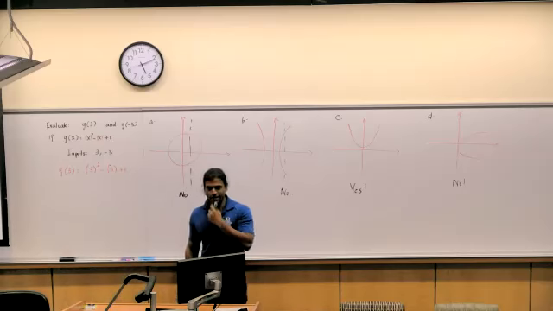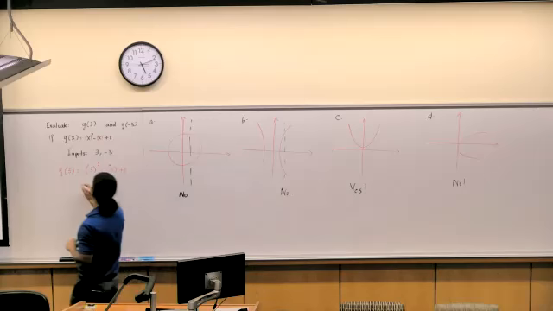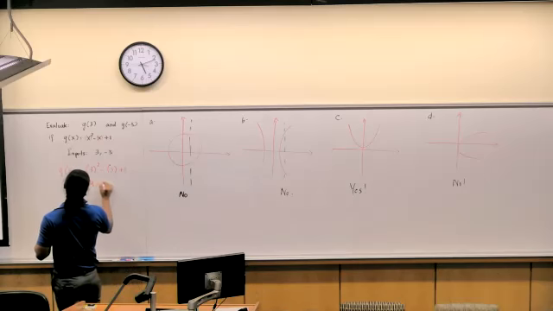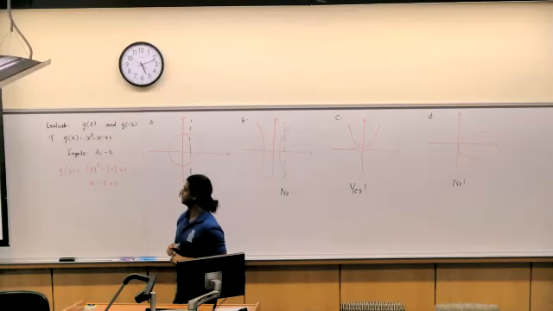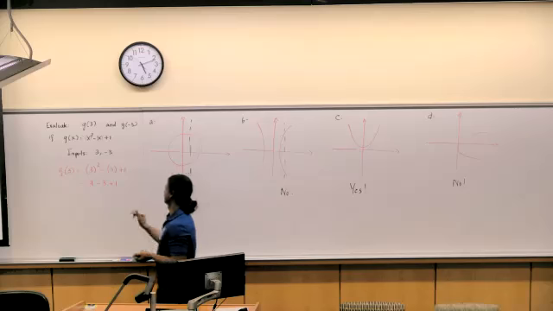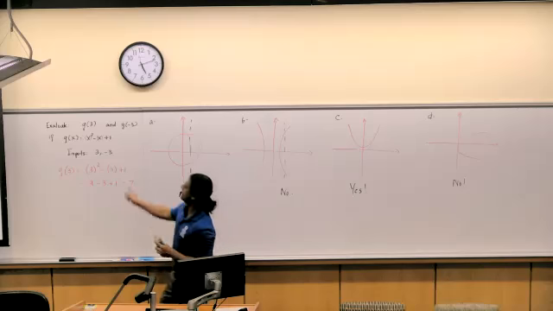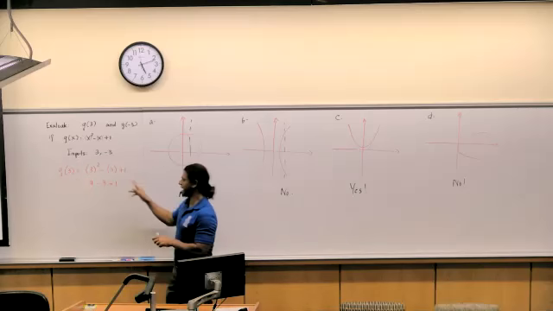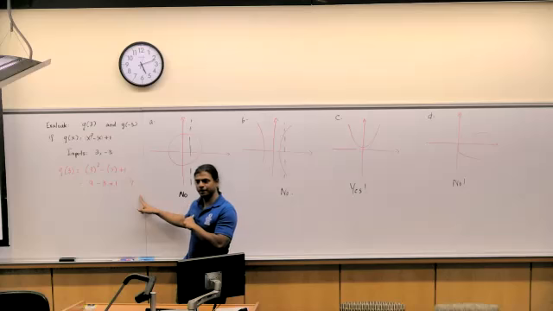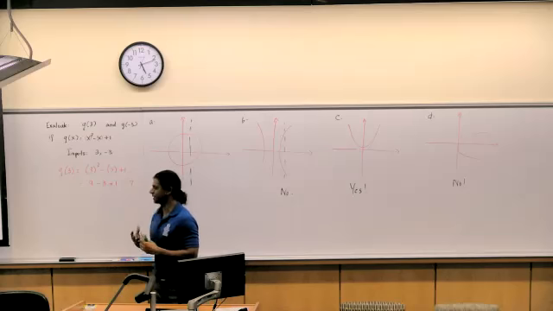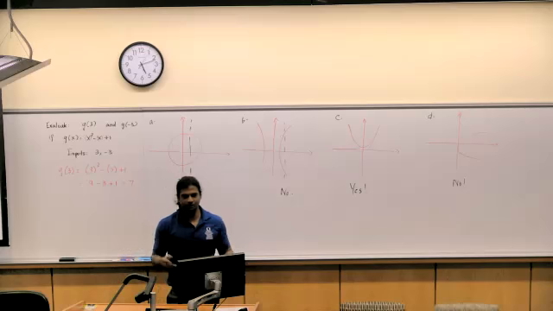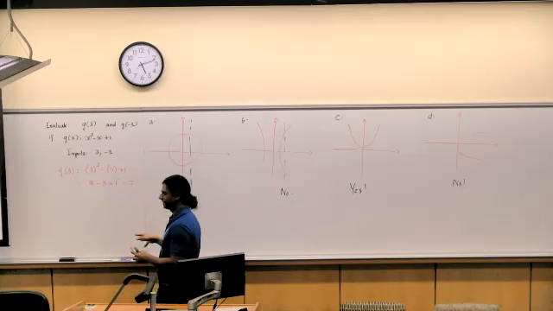What is 3 squared? 9. Minus 3 plus 1, which is 7. Good. So when the input is 3, the output is 7. If I want to write this as an ordered pair, what is the ordered pair? 3, 7.